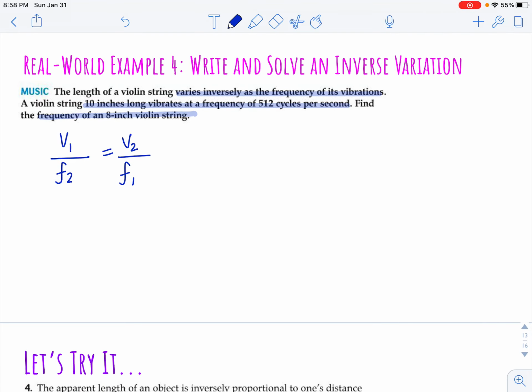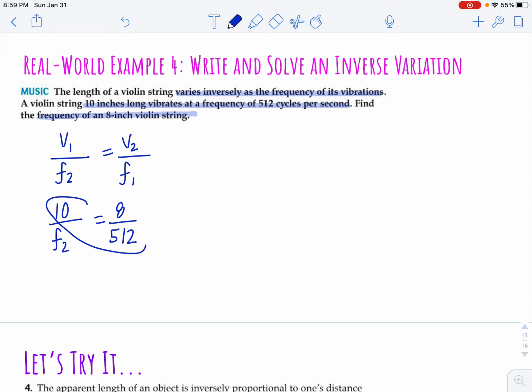So we could have 10 over F2, because we don't know our second frequency, equals 8 over 512.